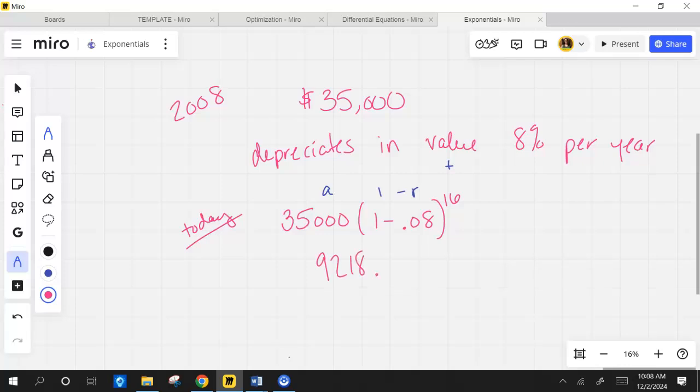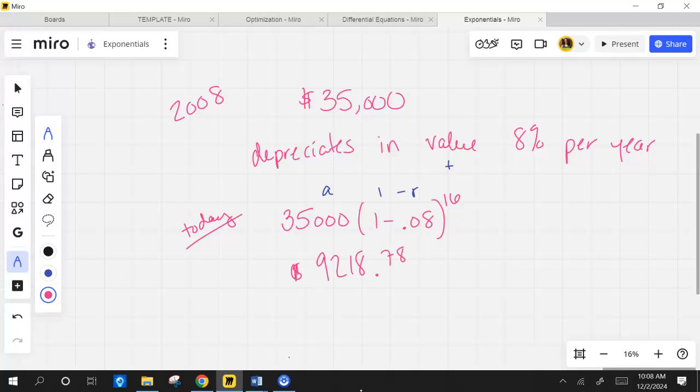You can put the whole thing in your calculator, but be very careful as you put this in your calculator, because in just a minute, we're going to make it even a little more complicated with the interest. And so you got to watch these parentheses as you put it in there, okay? But basic growth and decay are very, very easy. I'm not going to spend any longer on that unless y'all need it.